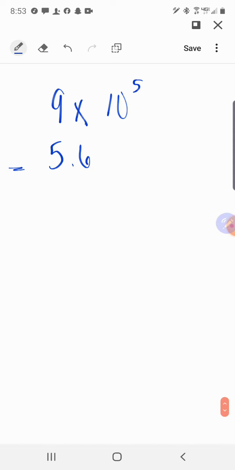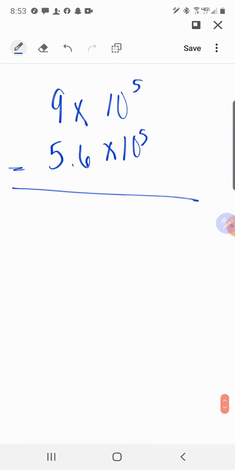Number 10, it says perform the operation, enter your answer in scientific notation. So right now all we're doing is just subtracting. So we got 9 times 10 to the 5th, subtract 5.6 times 10 to the 5th.